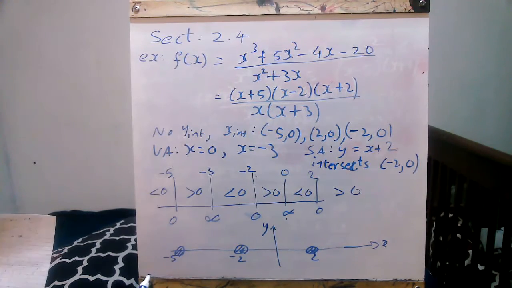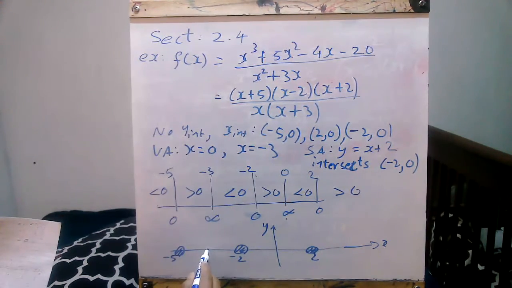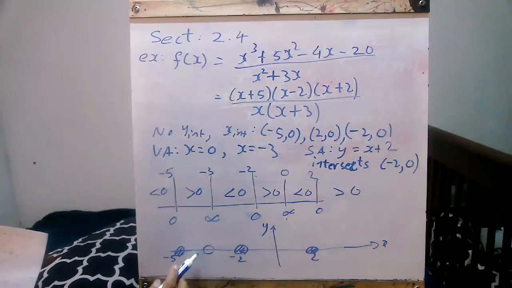Now according to the checkpoints, there is another vertical asymptote, x equals 0 and x equal to -3. The graph never intersects the vertical asymptote, so leave it as an open circle.